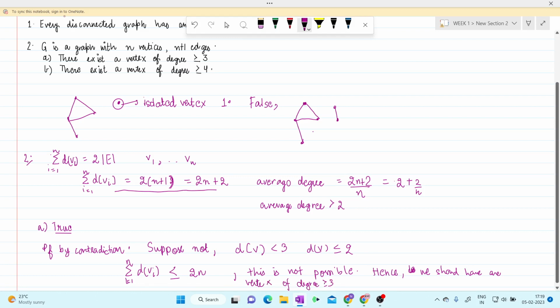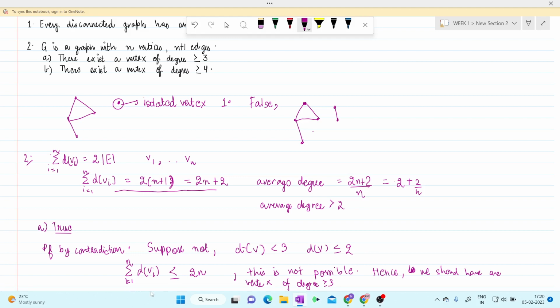So we were proving this by contradiction, assuming that this statement is not true. That means each vertex should have degree less than 3. But if each vertex has degree less than 3, and we sum all these degrees, the sum will turn out to be less than or equal to 2n. But since the number of edges is n plus 1, the sum of all degrees is 2n plus 2.